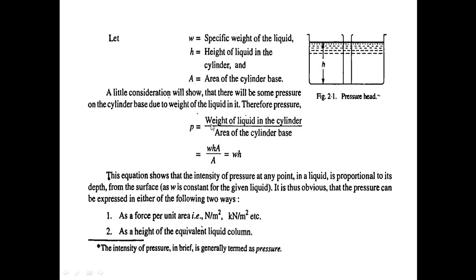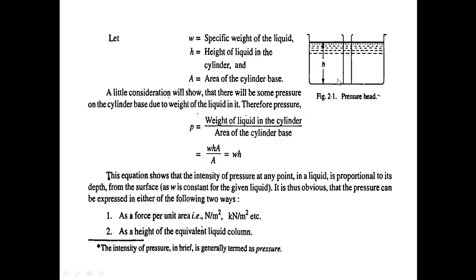So the pressure is equal to the weight of the liquid in the cylinder, which is the force of the liquid at the base of the cylinder, divided by A, the area of the cylinder base.